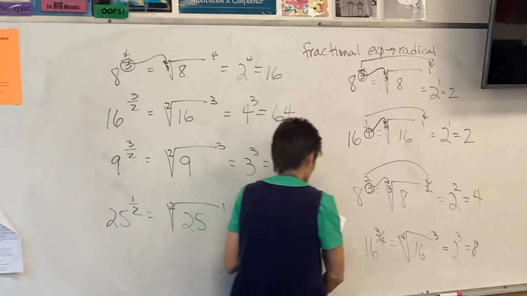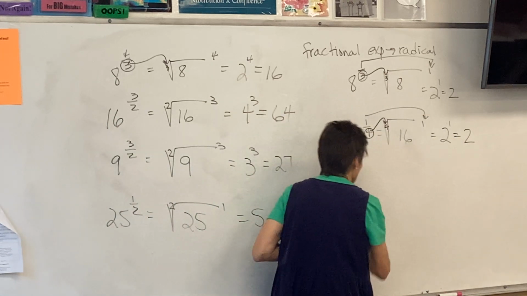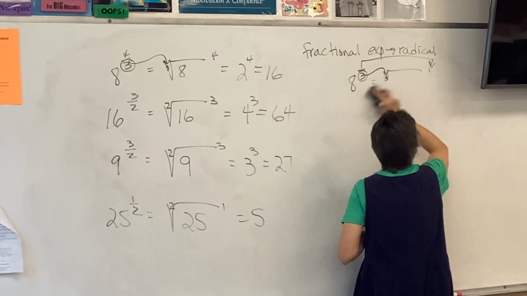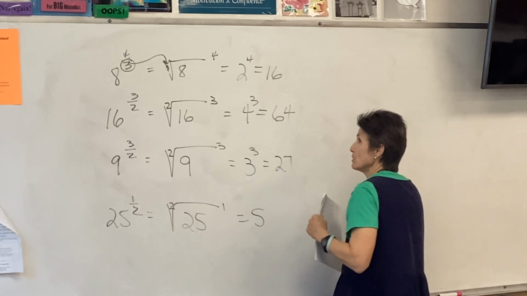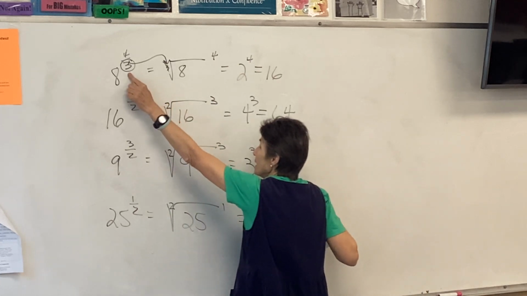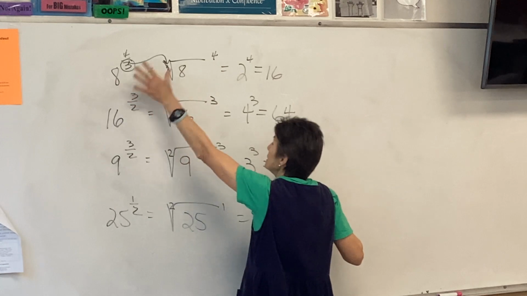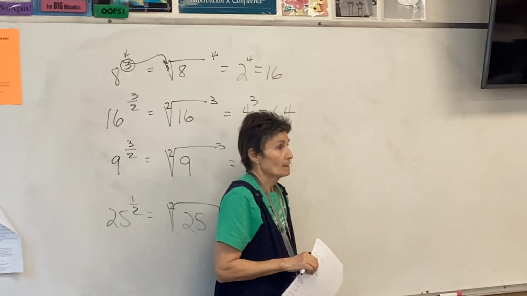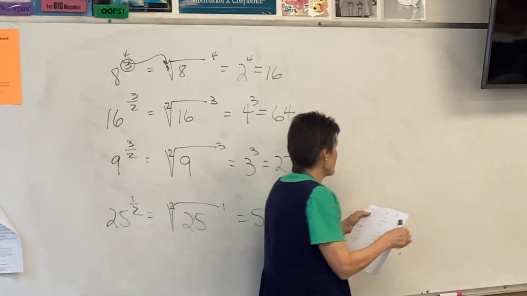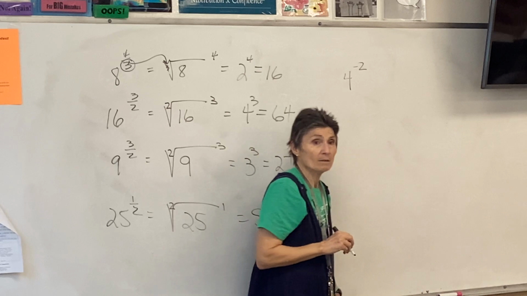Uh-oh. I told you we're going to deal with all kinds of exponents. So you are going to program your brain every time you see a fractional exponent, you're going to translate it into a radical. Every time. Okay? Now, what am I doing with negatives? Anybody remember?